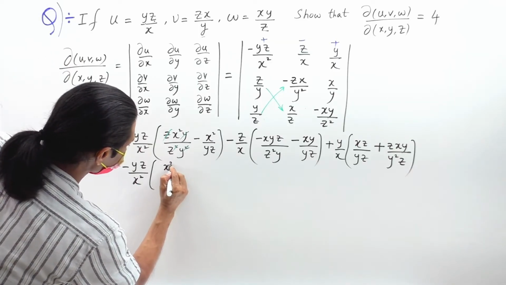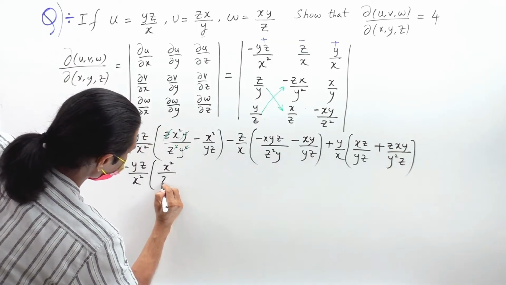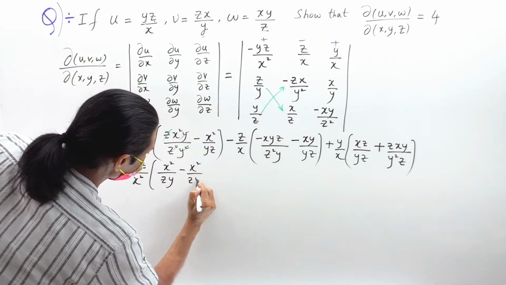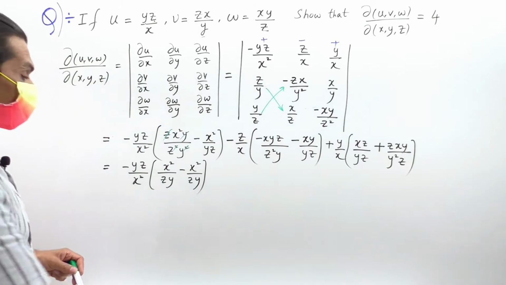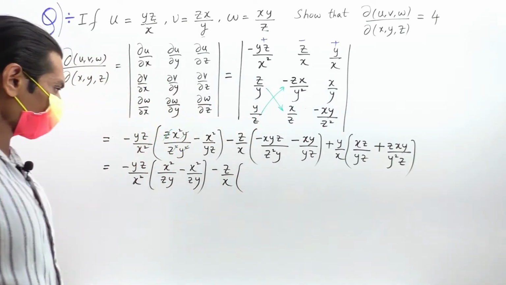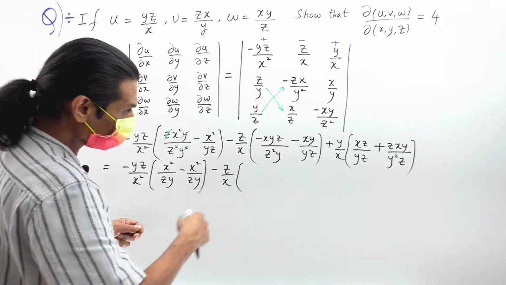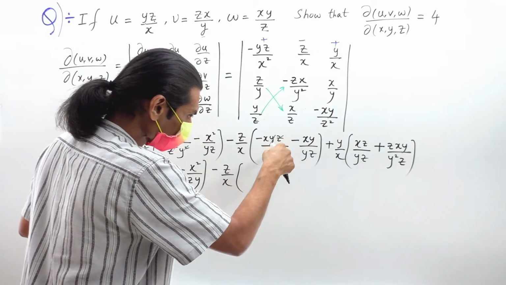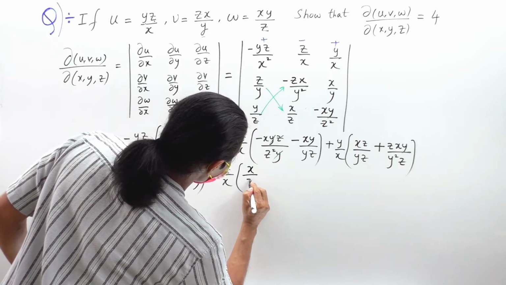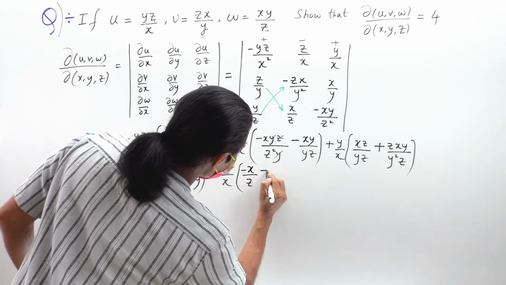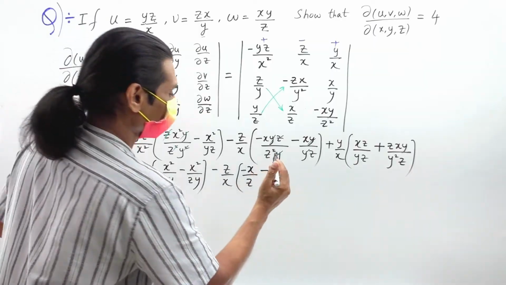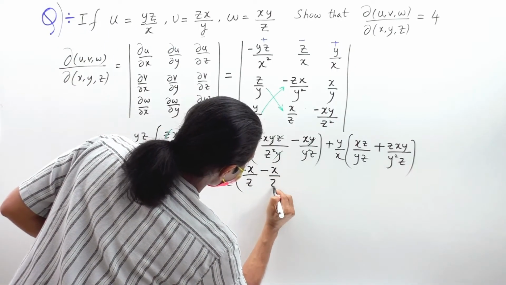In the numerator, x square divided by zy minus x square by, again this is yz or zy, both are same, minus z by x into, again here y and y cancels, 1 z and 1 z cancels. So what remains is x by z minus x by z minus, again here see again y and y cancels off. We get x by z.